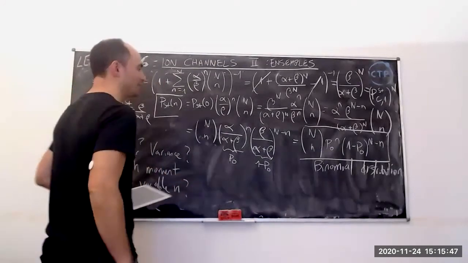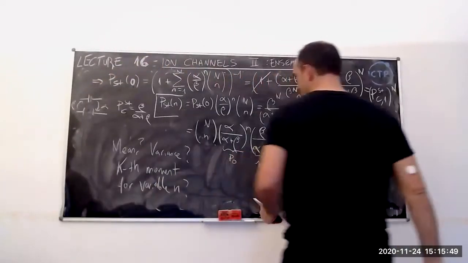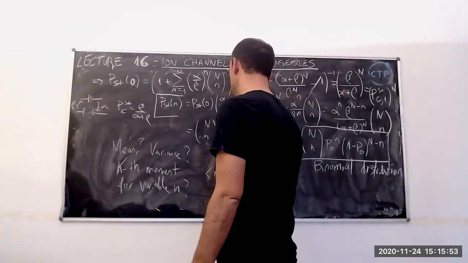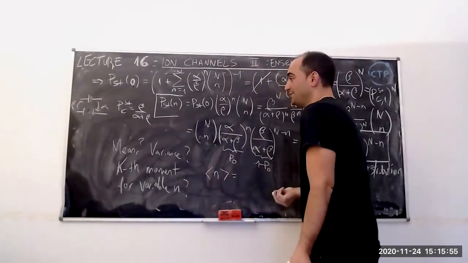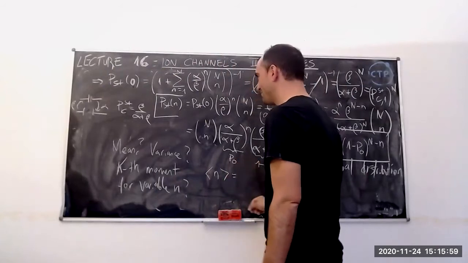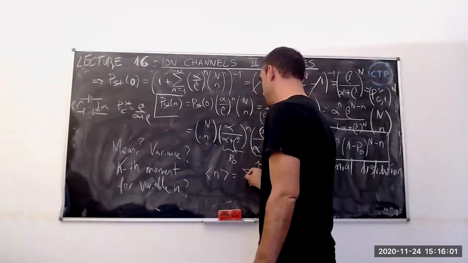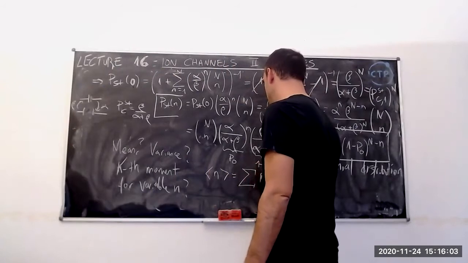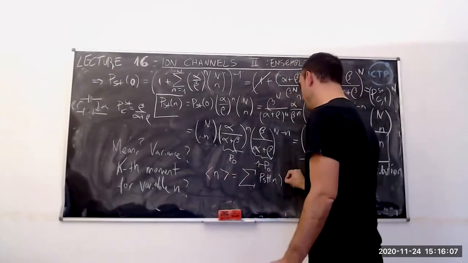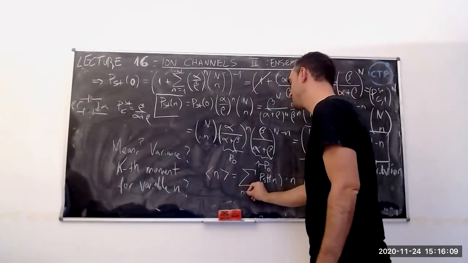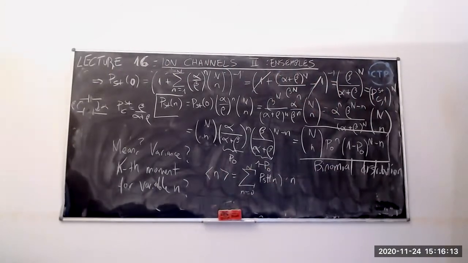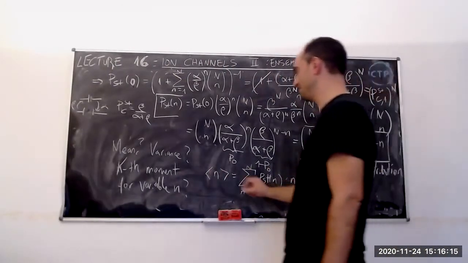Okay, so how can we get this? In the end, if we want the mean, we should do mainly the mean of a Bernoulli. How can we calculate the mean? We have the distribution, PSTN, and then we have to multiply by n, and then sum from 0 to N. This will be the mean. The second moment will be like this.